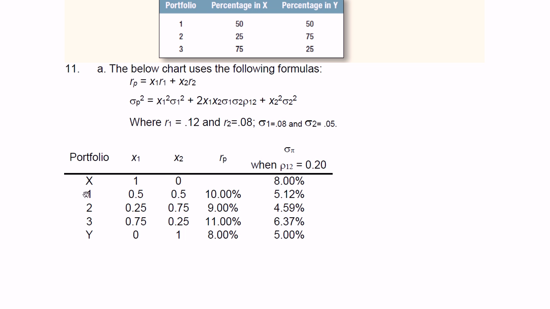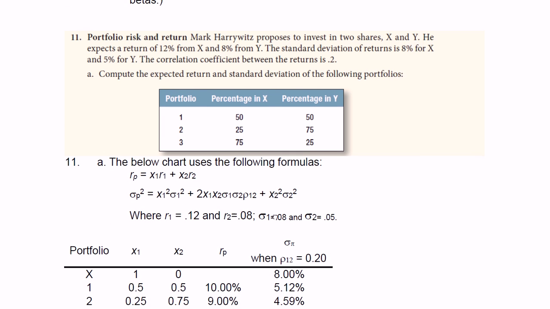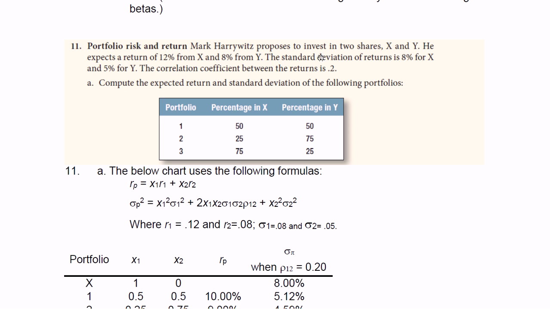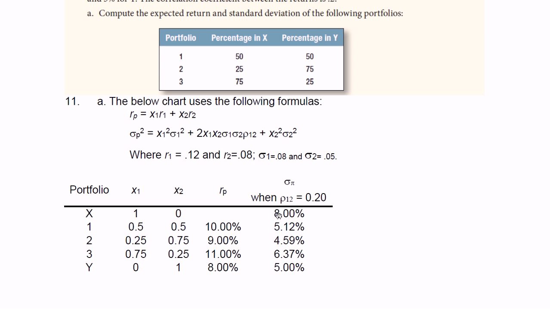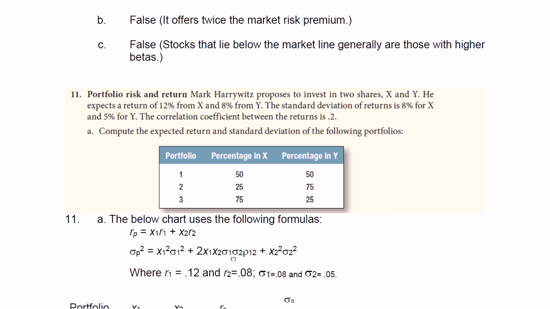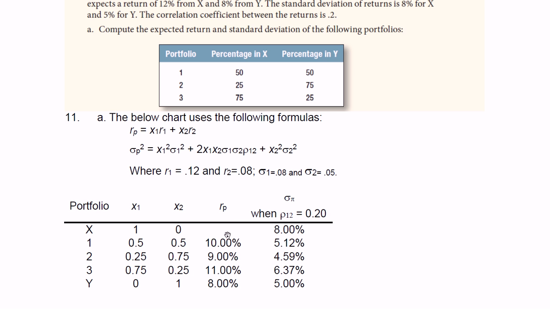For a single asset X, the weight on X is 100%. The standard deviation is 8% for X and 5% for Y, and the expected return for X is 12% and for Y is 8%.